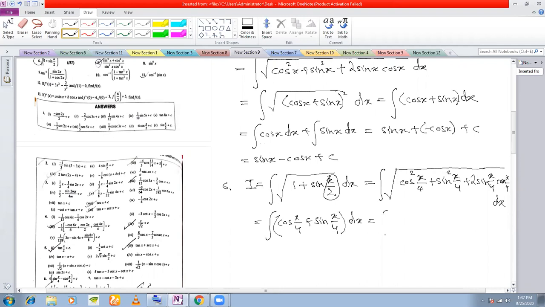So now if you integrate cos x by 4 dx plus sine x by 4 dx, what is the integration of cos x by 4?